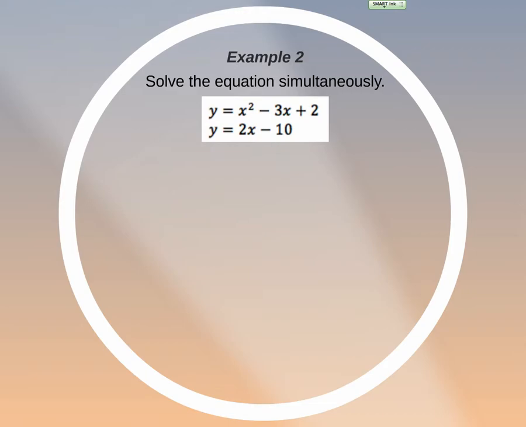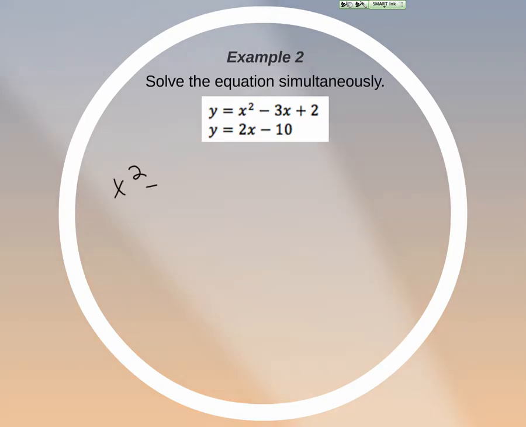Same thing. This time our quadratic function is y equals x squared minus 3x plus 2. The other linear function is y equals 2x minus 10. We will start this the exact same way by setting them equal to each other.